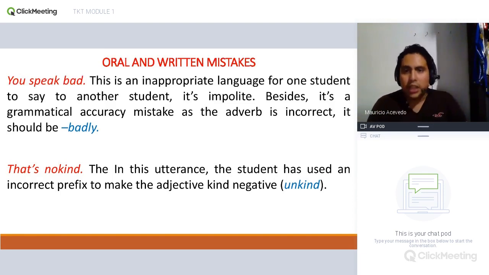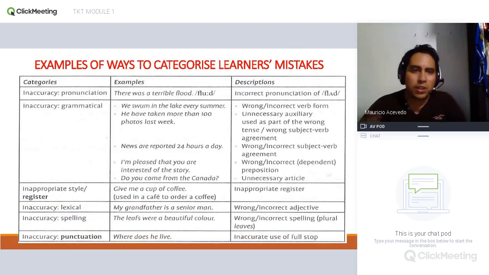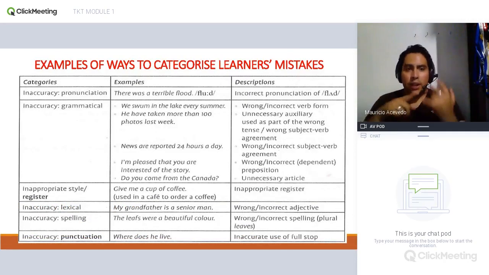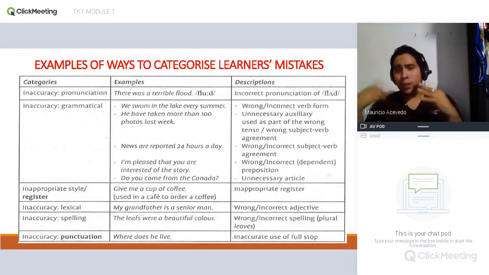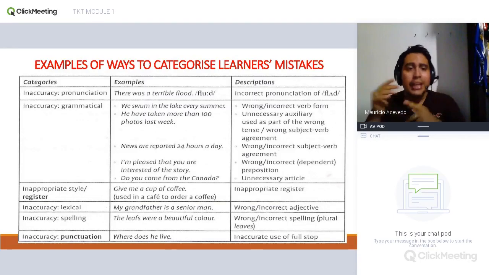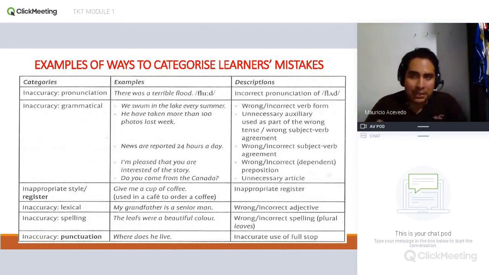And so on. Just to remind you, teachers, that there are many mistake categories: pronunciation accuracy, grammatical, register, which is basically formal and informal, lexical, the words that don't match the sentences, and spelling, where they misspell words or omit letters, and so on. Those are some of them.